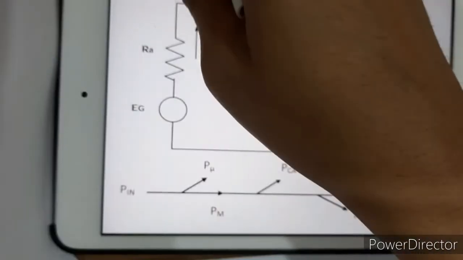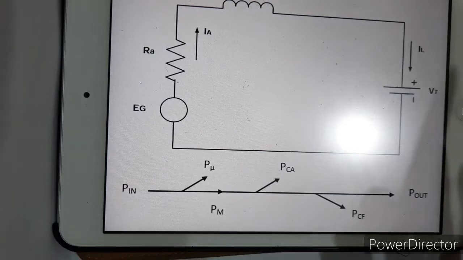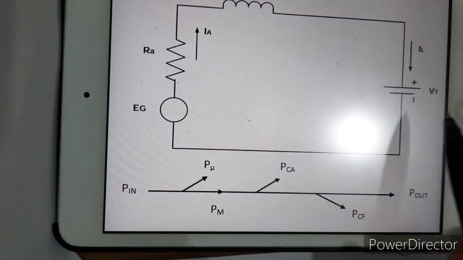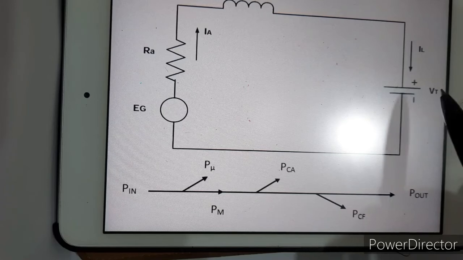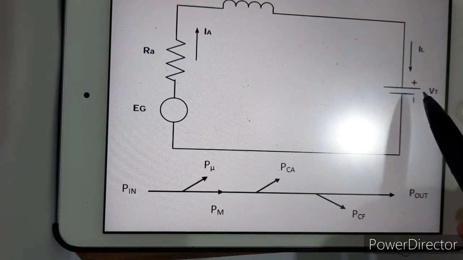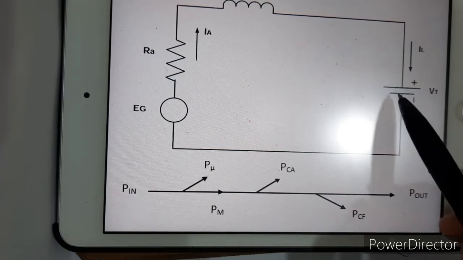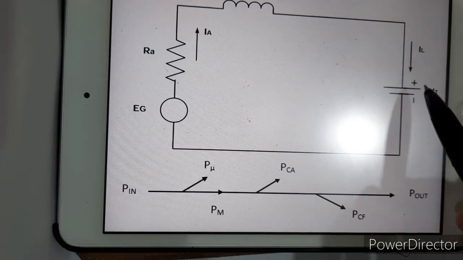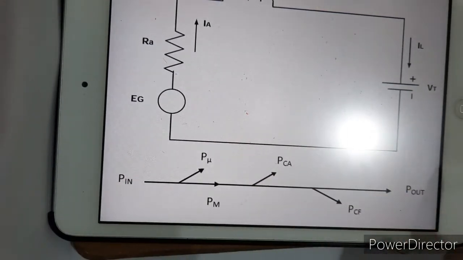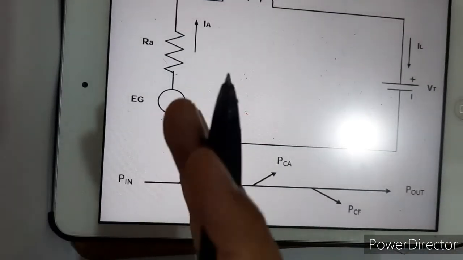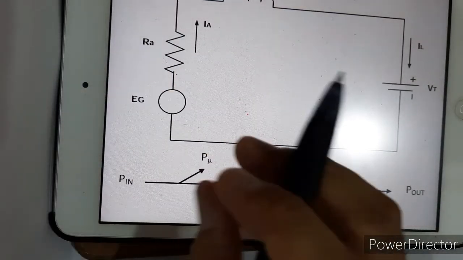They need to make sure the voltage on the terminal line is fixed, for example 11 kV, 33 kV, so VT is fixed.